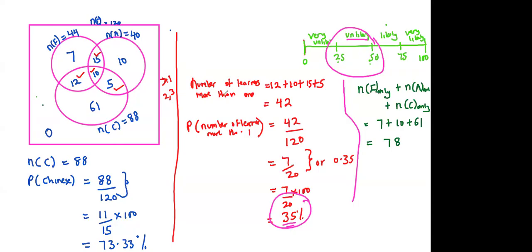Teacher, I thought when they say either or, it's supposed to be something like union, and when they say and, it's supposed to be an intersection. Why are you taking only the ones who did F only, A only, and C only? Yet they have said either or. Now, the word that represents union is or.